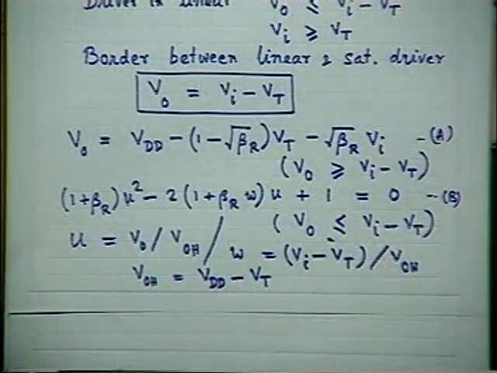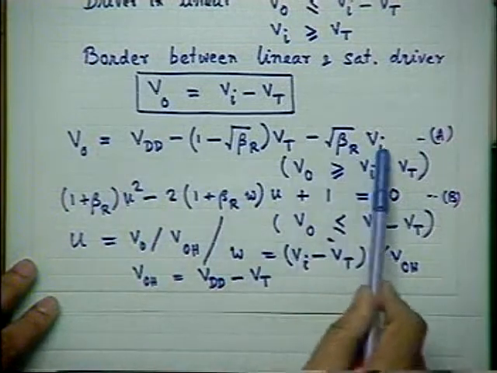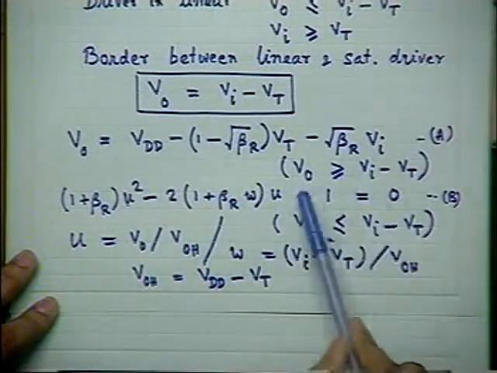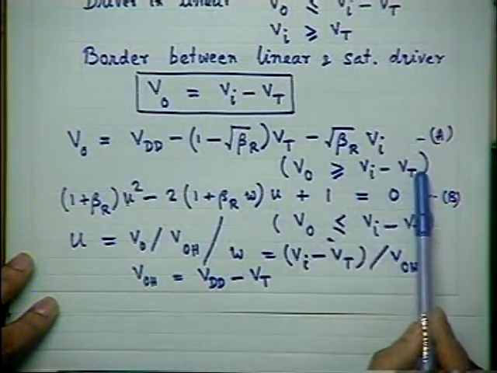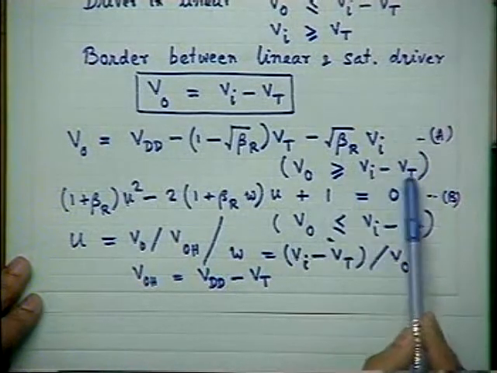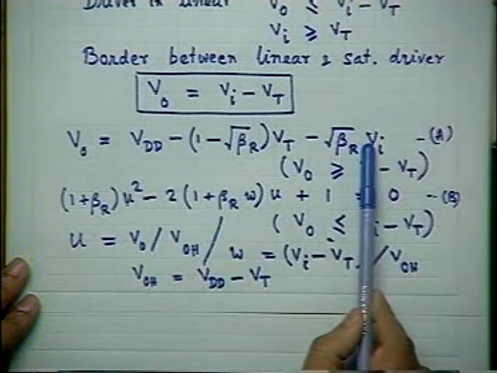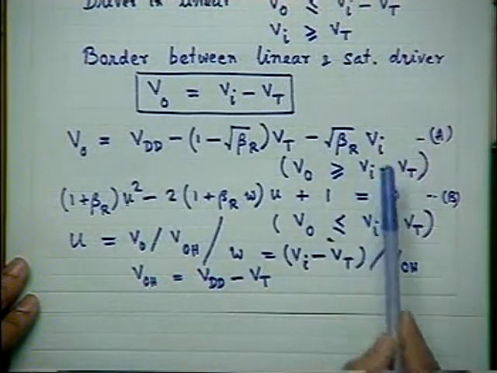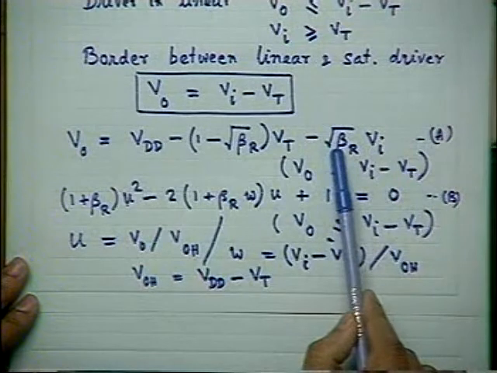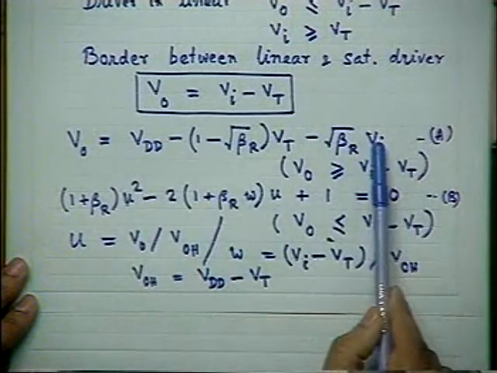this is a straightforward relation between output and input, which is a linear relation. So when output voltage exceeds VI minus VT, output is just linearly related. That means it falls linearly with VI with a slope of minus square root of beta R. It is clear from there.